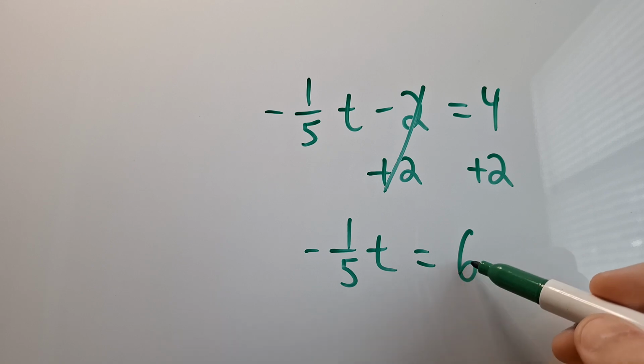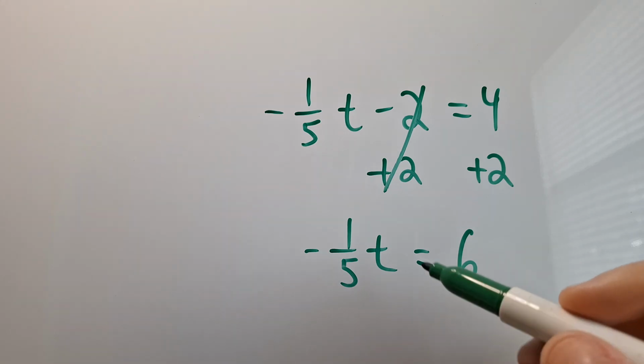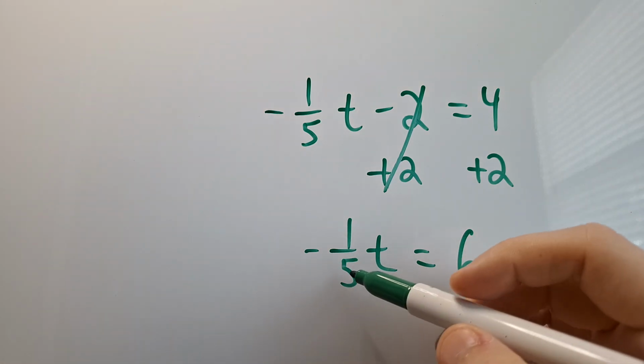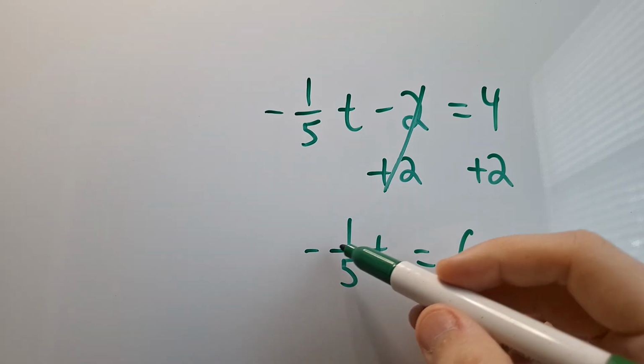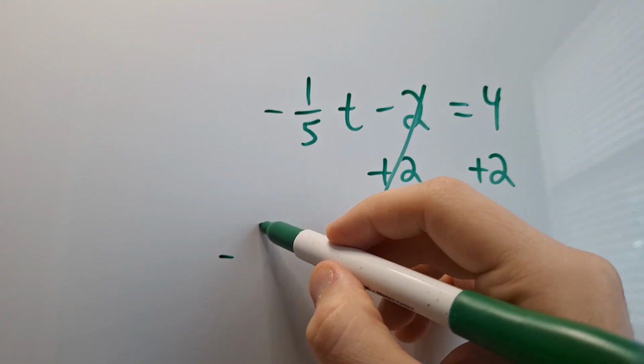Every number that exists, whether it be a whole number, a fraction, decimal, every rational number has a reciprocal. And what we're going to do is multiply by the reciprocal of this coefficient, specifically the negative one. So we'll multiply it by negative 5/1.